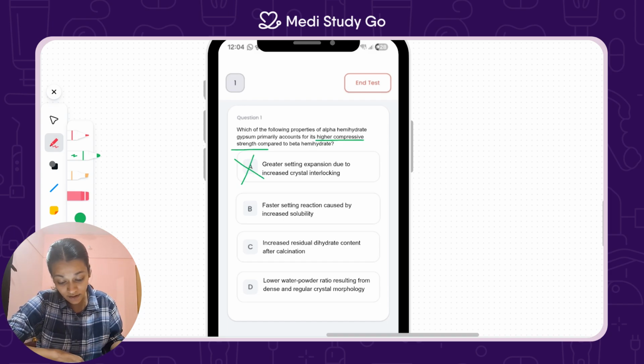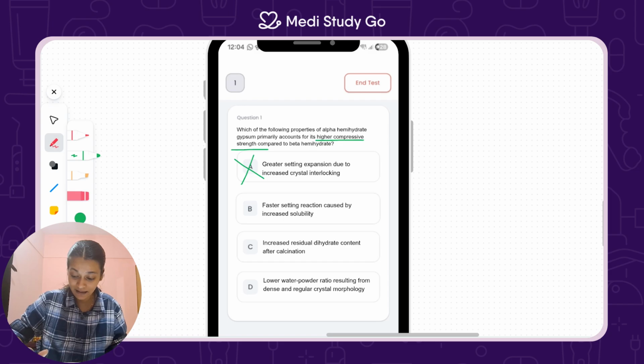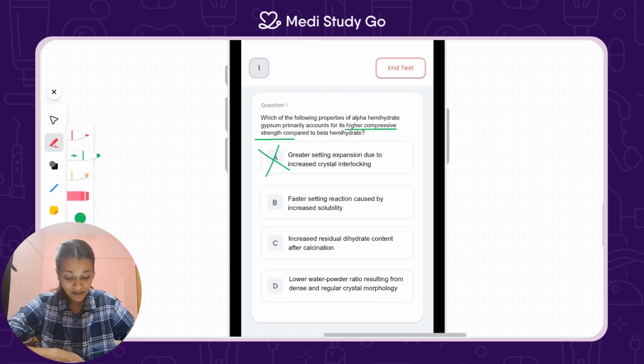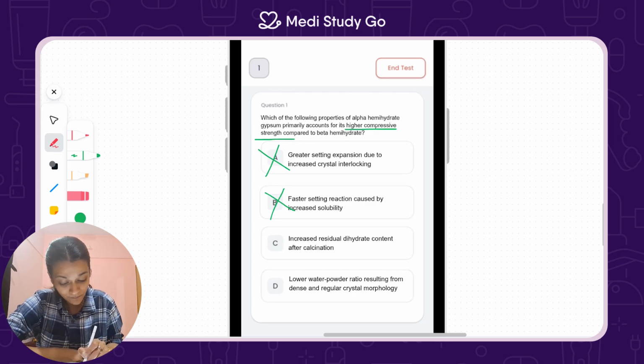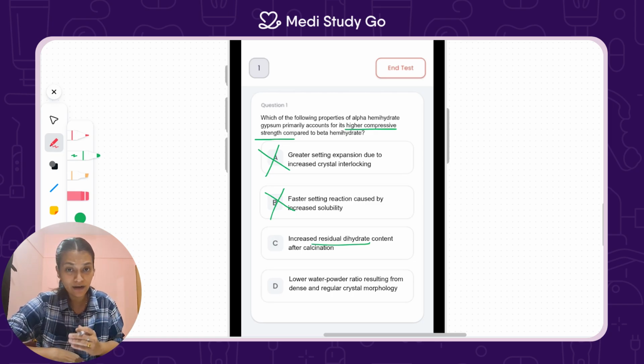Faster setting reaction caused by increased solubility. Now, is this anywhere related to the compressive strength? Again, no. Increased residual dihydrate content after calcination. The residual content does affect the compressive strength, but this is not correct.